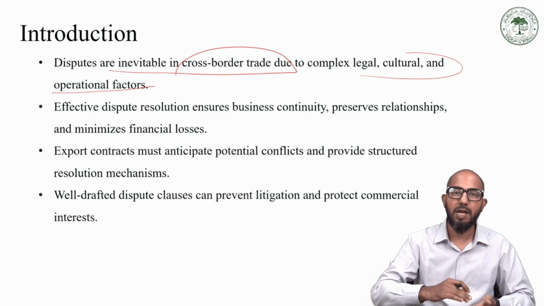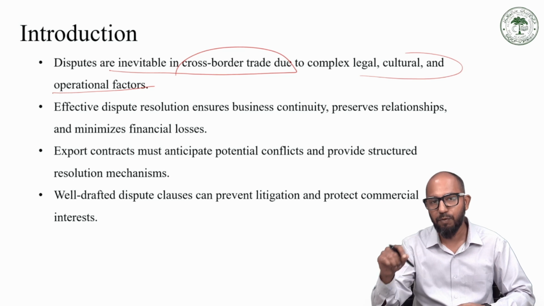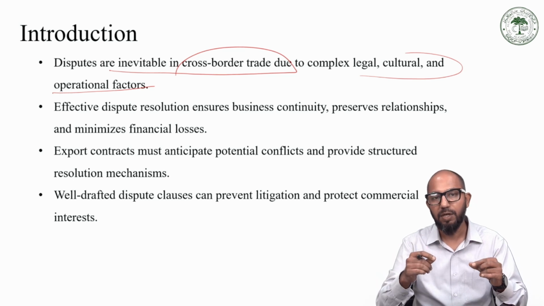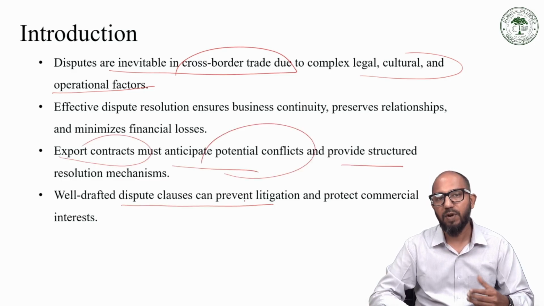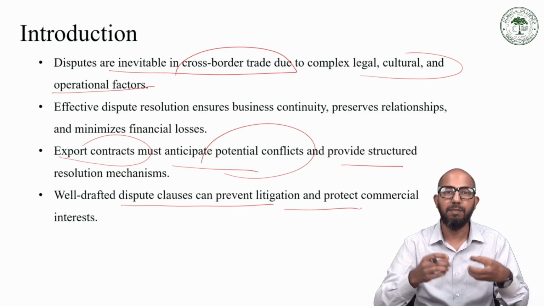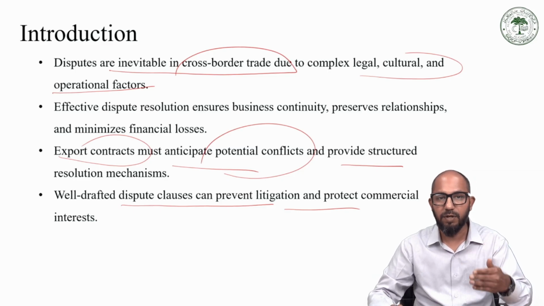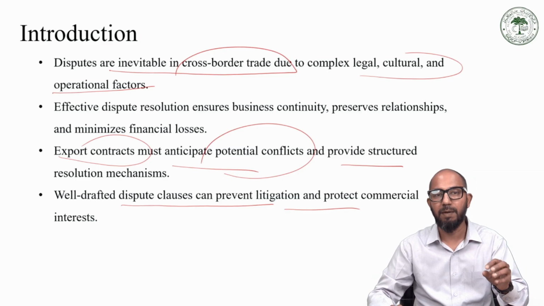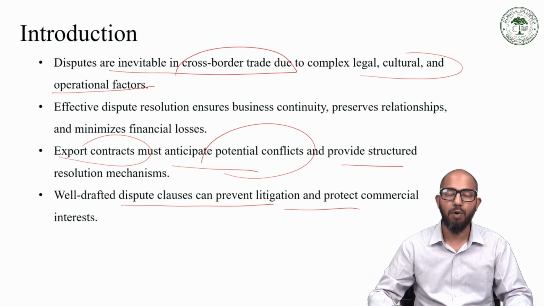If disputes are properly resolved, then cross border trade will not only improve, but there will be continuity in the trading environment and trust building between the exporters and importers. Thus, well drafted dispute clauses can prevent litigation and protect the commercial interests of both the buyers as well as the sellers. This may further create a business environment of trust between exporters and importers, thus facilitating the trade between two or more countries.